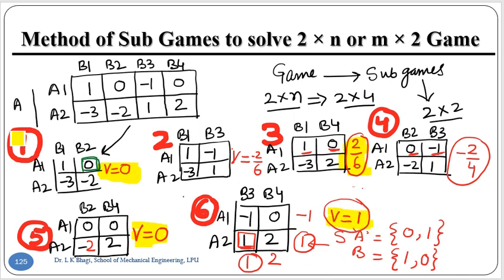So I can say subgame 1 is not favorable for the B player, and the third subgame is not favorable.